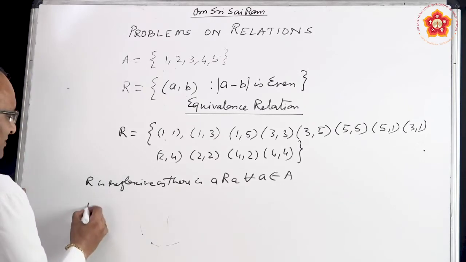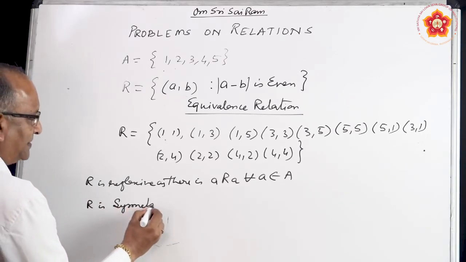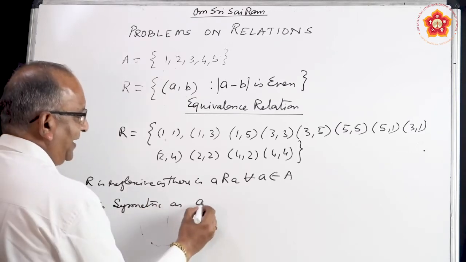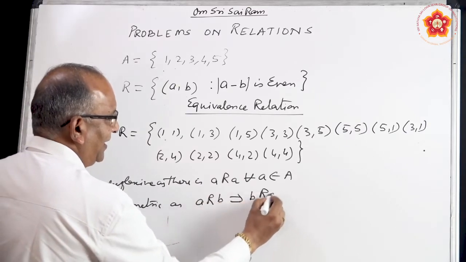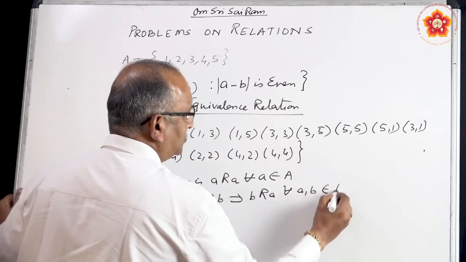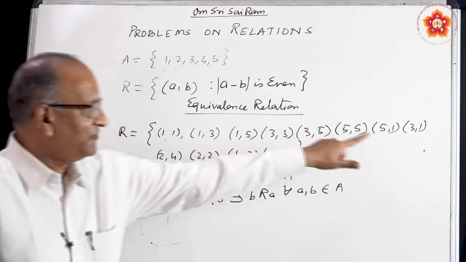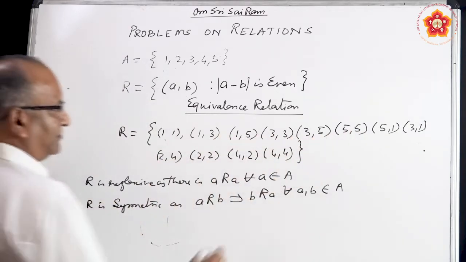Then the second one, R is symmetric, as we find ARB implies BRA for all A, B belonging to A. If you have (1, 3), you have (3, 1). If you have (3, 5), you have (5, 3).